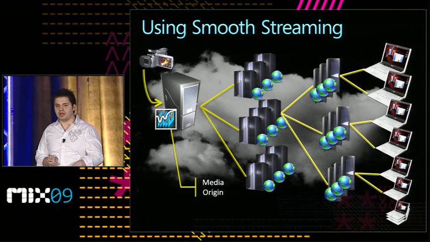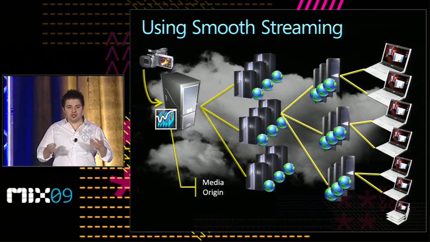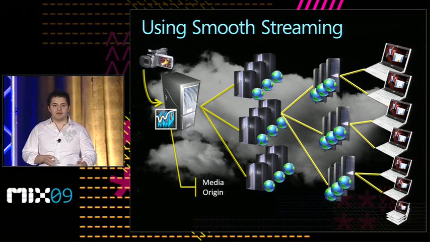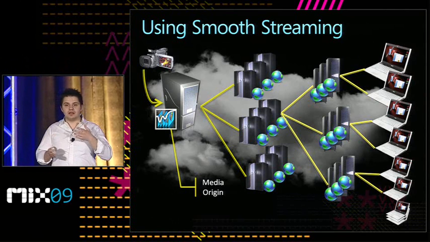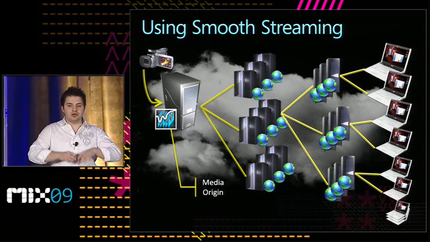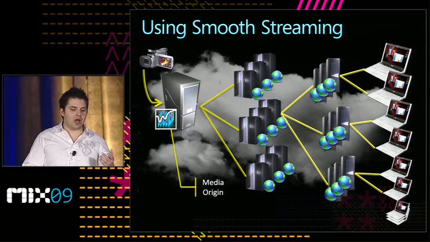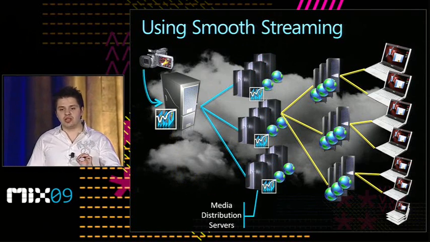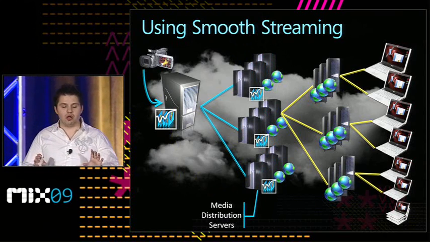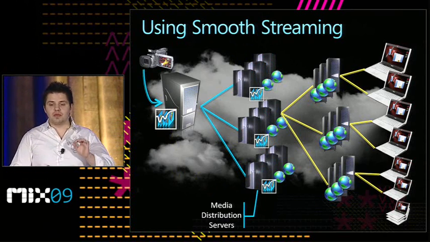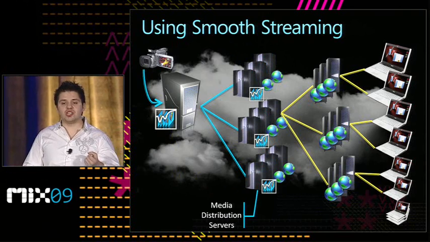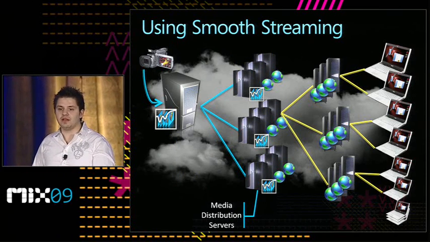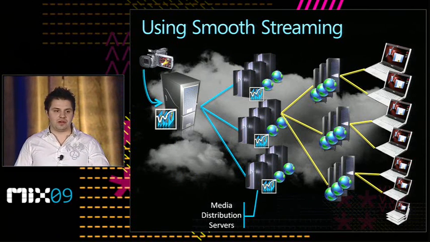And all of these caches know nothing about smooth streaming. They just do HTTP. Now, it turns out that if you do know something about smooth streaming, you can actually do better. You can take steps to cache HTTP traffic and to optimize the delivery. So what we can do is strategically replace a subset of our caches, not all, just a few, with servers that can both cache HTTP traffic and optimize smooth streaming delivery.